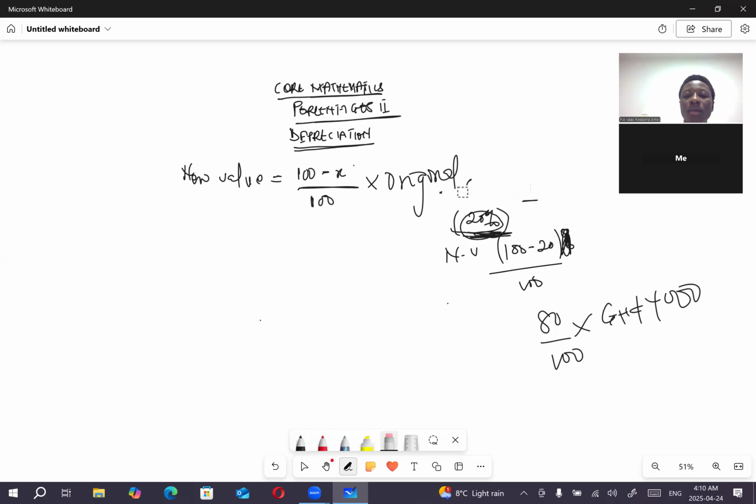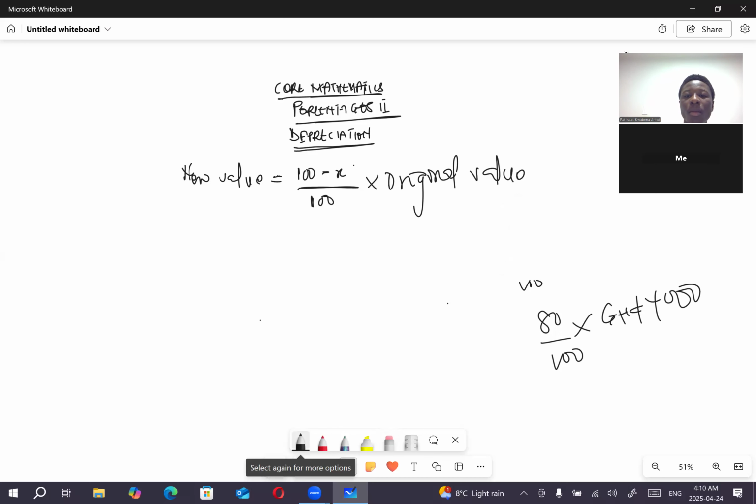Generally, if you want to know the new value of an item, just know how much it is depreciating in percent. Subtract it from 100. Divide by 100. Then you multiply by the original value. You divide by 100 because of the percent.